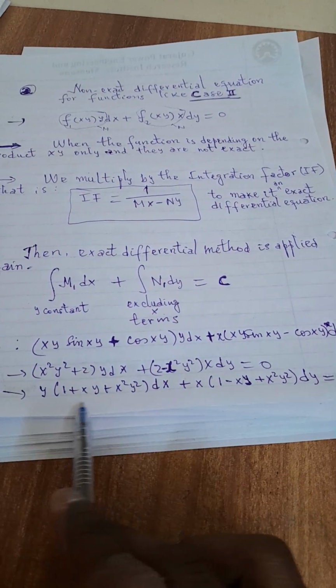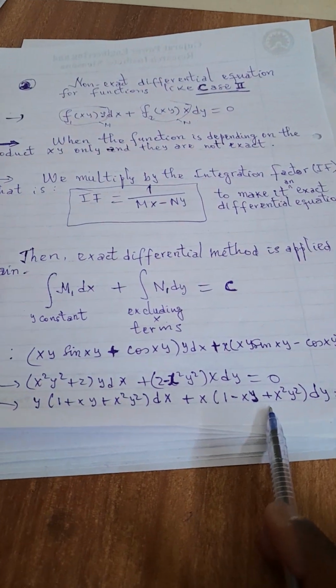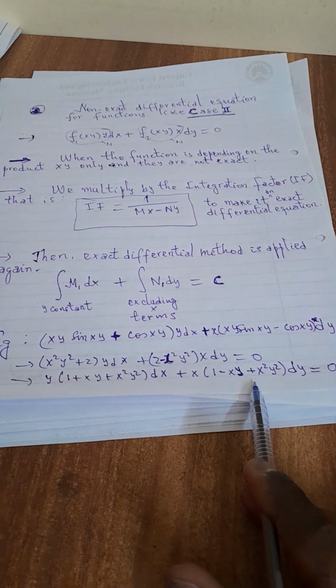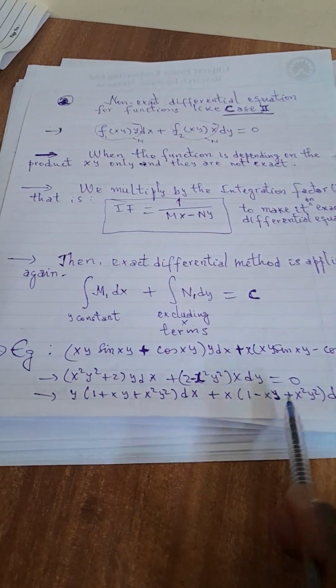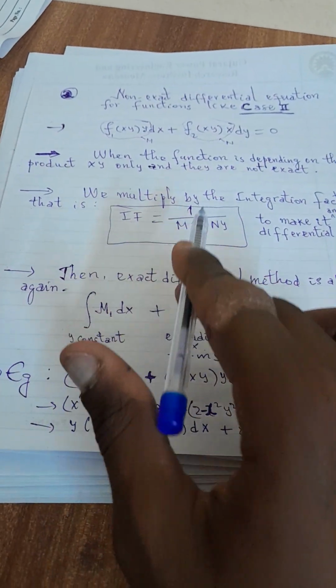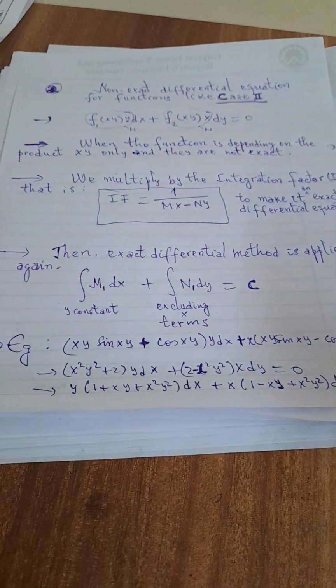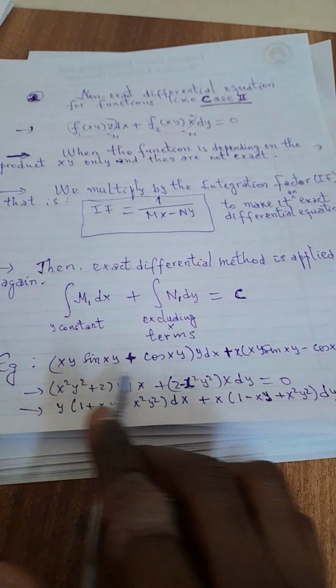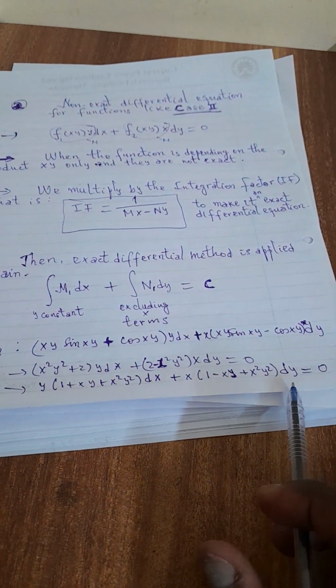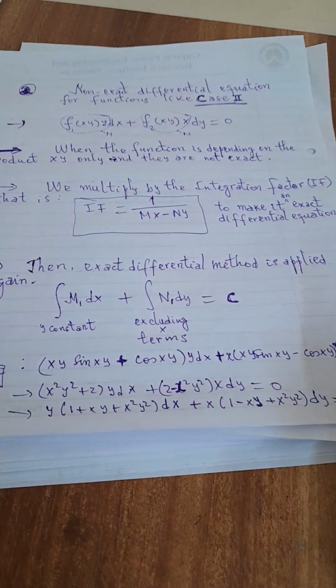In this case, to reduce it to an exact differential equation, you have to multiply by the integrating factor of this case, that is 1/(Mx - Ny). Try to solve this one, this 1 and 2, and these exercises, and it will be fine for you.